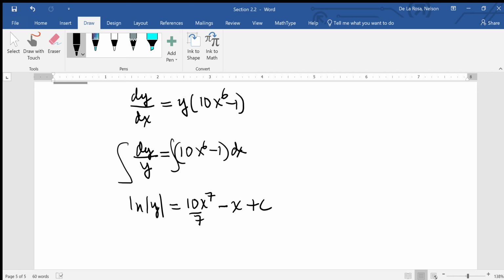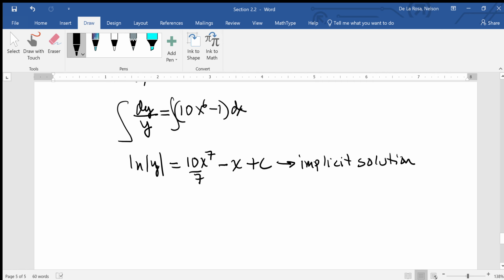And then we can try to isolate y, because in this solution, y is not isolated, it's implicit. We need to exponentiate both sides.